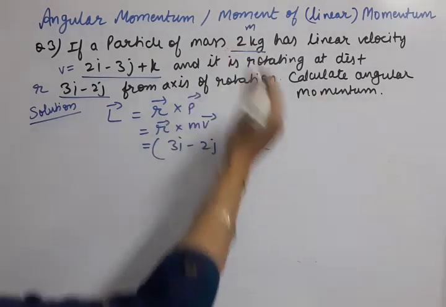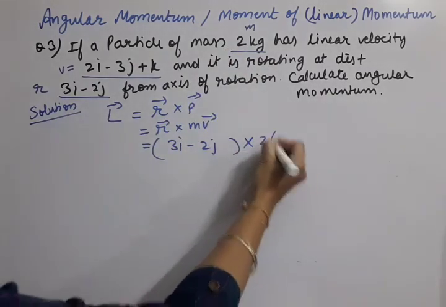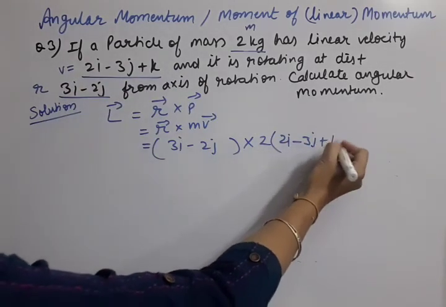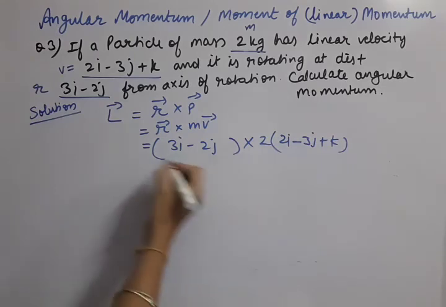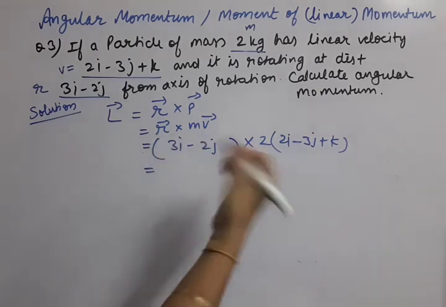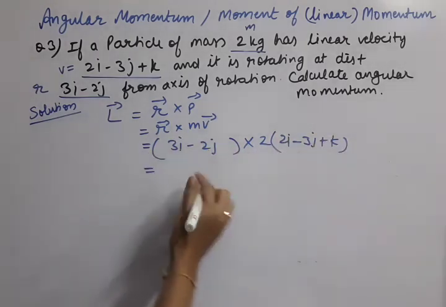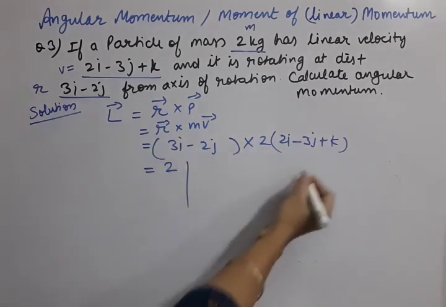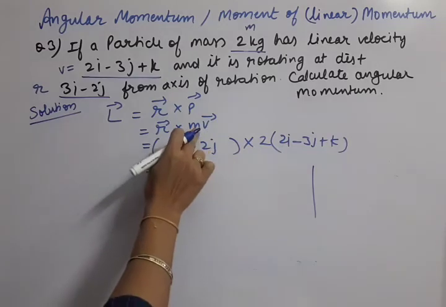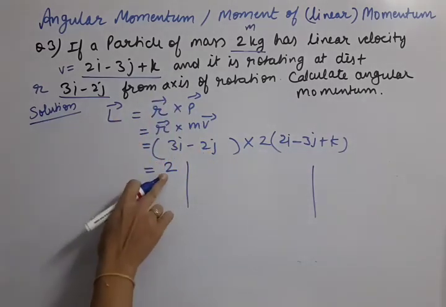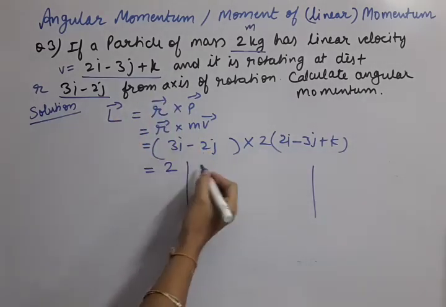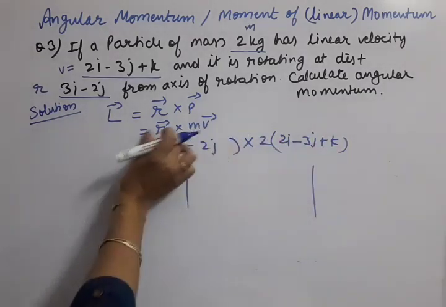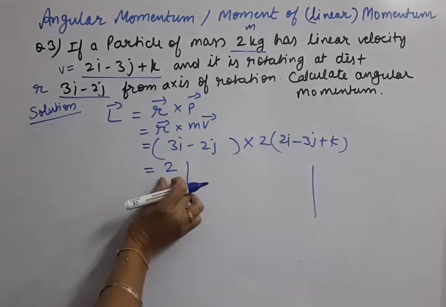M mass is 2 kg and v velocity is 2i minus 3j plus k. So that means we have to do the cross product of this vector and this vector. So what we can do, we can keep these two out of the matrix. This m is a scalar quantity and can be taken out, and we have to do the cross product of r and v only. R and v cross product we are doing, m we are keeping out.